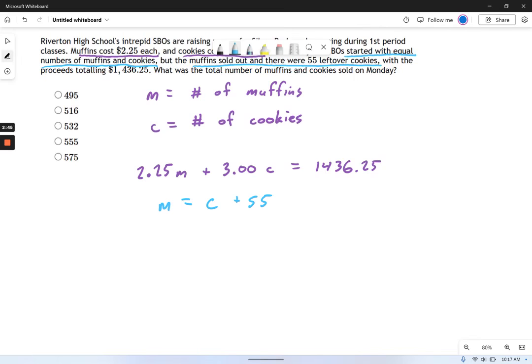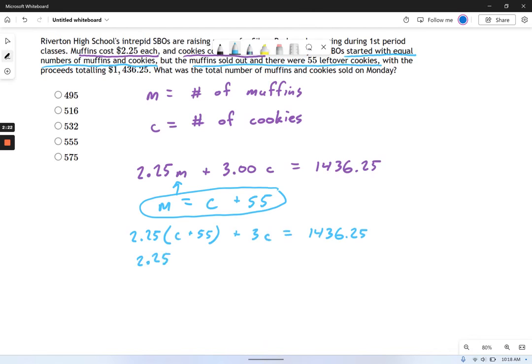Now all I'm going to do is take this and substitute it right there. Okay, so let's see what we can do with this now. I get $2.25 times (C plus 55) plus 3C equals 1436.25. Okay, so I multiply this through and I have 2.25C plus, oh my gosh, 55 times 2 is 110.